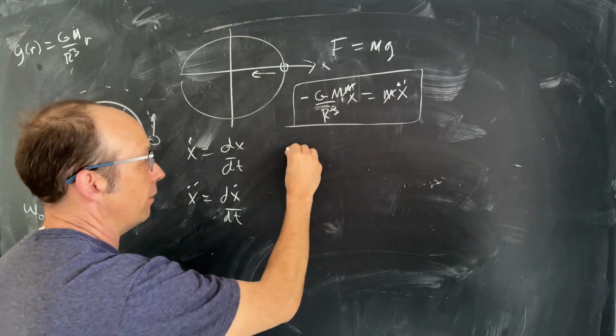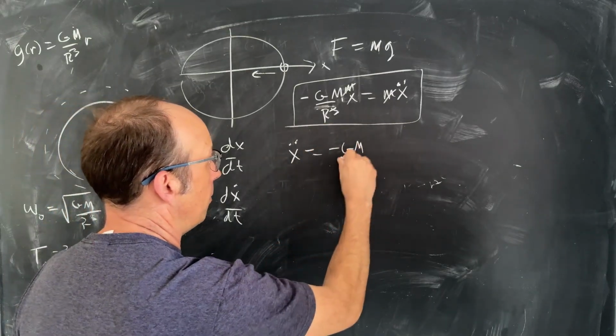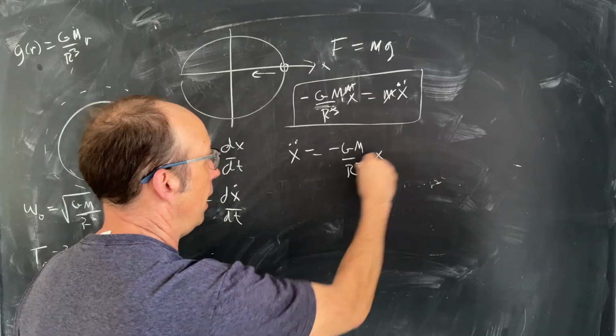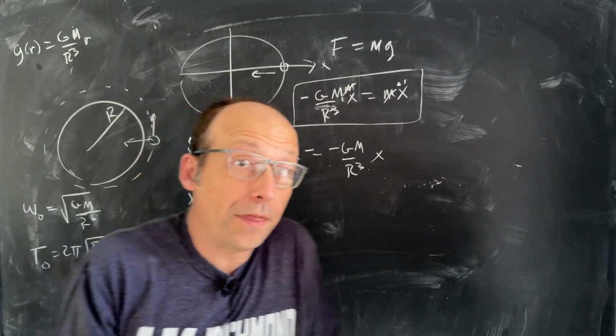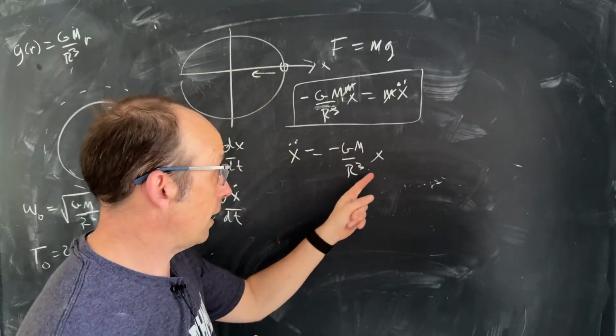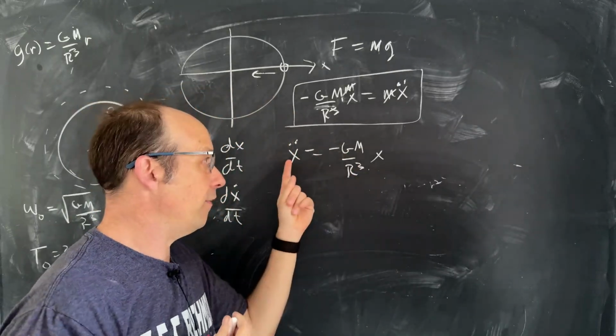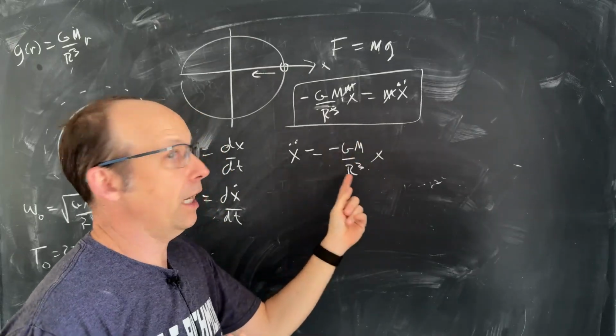So I can rewrite this as x double dot equals negative GM over R cubed times x. I just put it the other way. And so think about what this says. This says, hey, if I have some function of x and I take the derivative twice, I get the same function back with a negative constant.